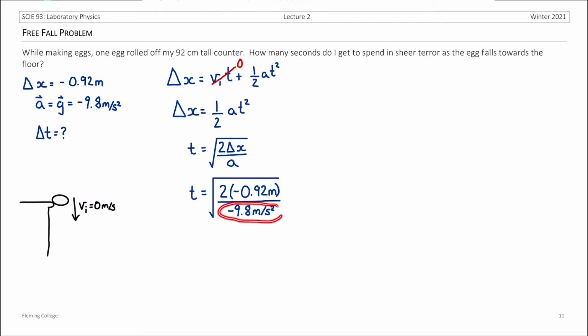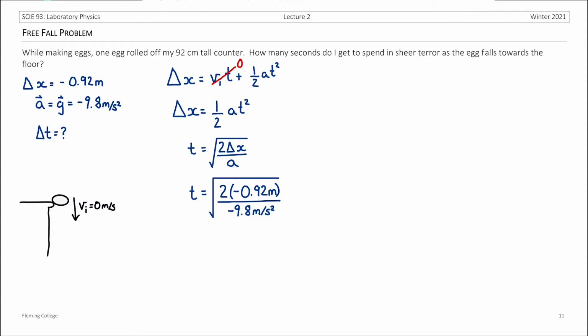If only one of these values had a negative sign, then the entire fraction underneath the radical would be negative, and you cannot take the square root of a negative value and get a real answer.